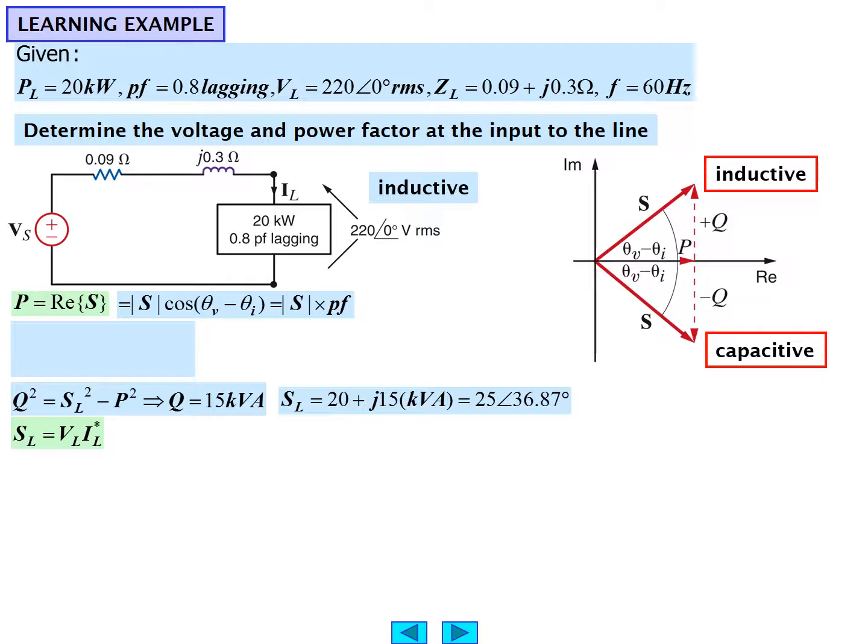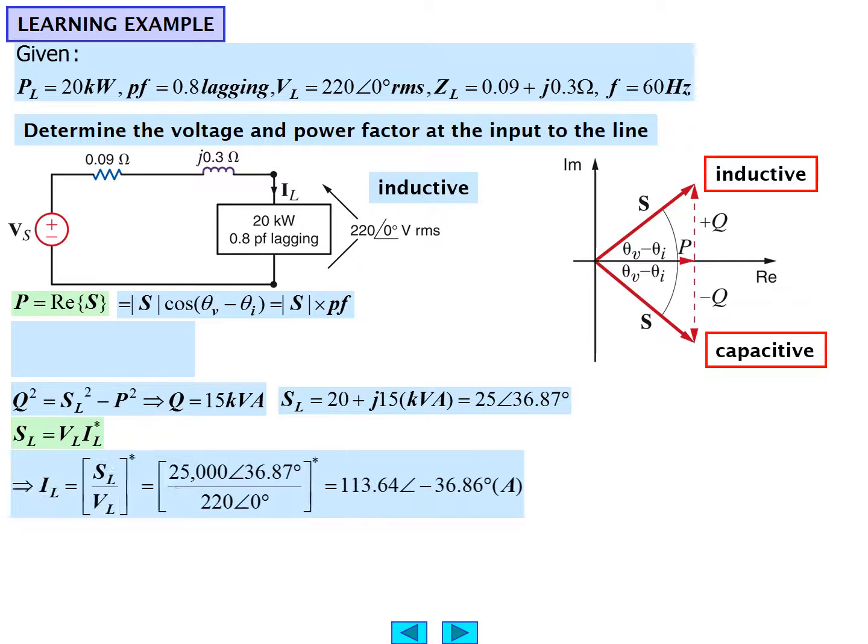S sub L is also equal to V sub L, the load voltage, times I sub L conjugate. I sub L is then the ratio of S sub L divided by V sub L conjugate. We know that S sub L was 25 kilovolt amperes, 25,000 angle 36.87 degrees, divided by V sub L, which is given as 220 angle 0. We perform that calculation, but we'd be very careful to do the complex conjugate.